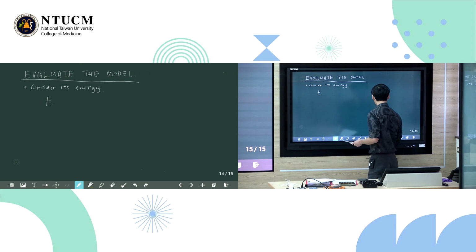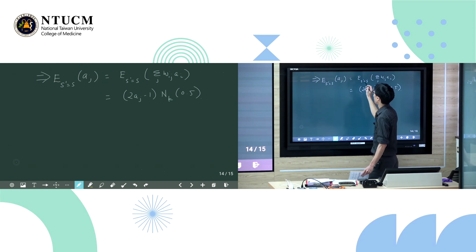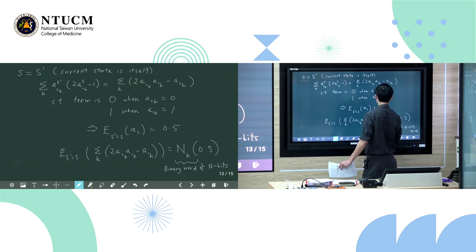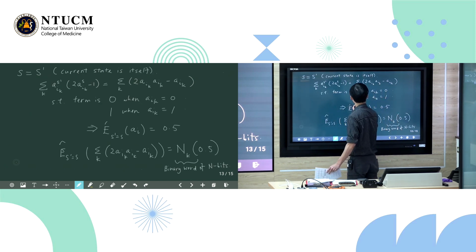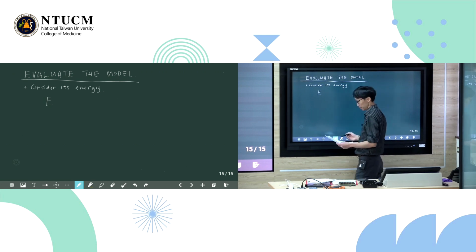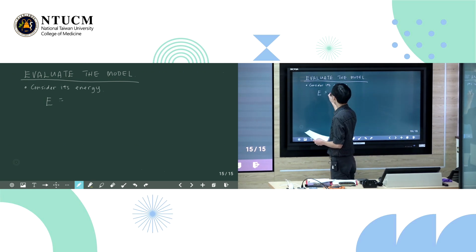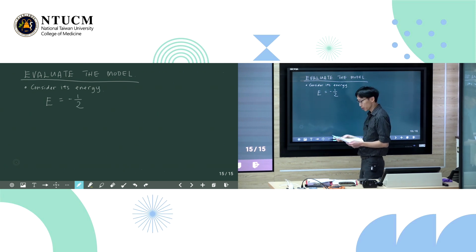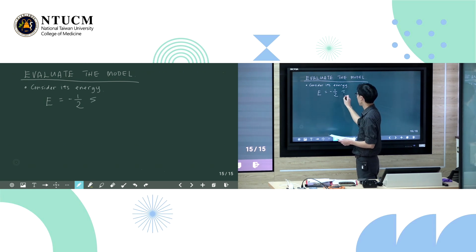To distinguish this, I'm going to put a hat, so this is not energy, this is expected value. But here we're talking about energy. Hopfield suggests that you can quantify the energy of the network at any time, the energy that is inherent in the network.